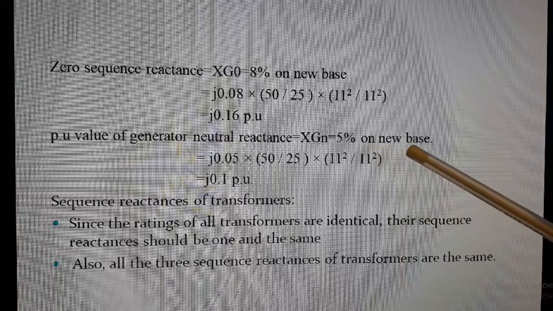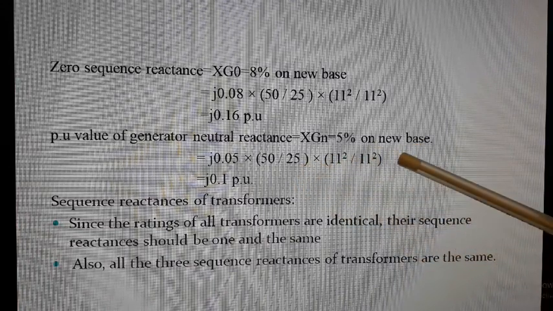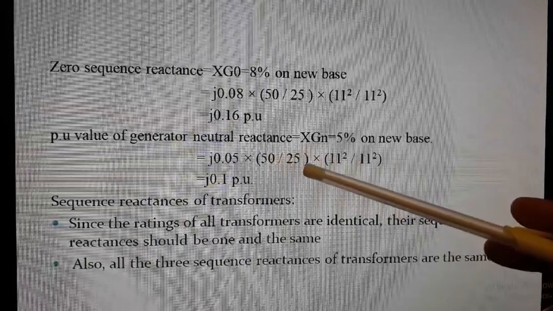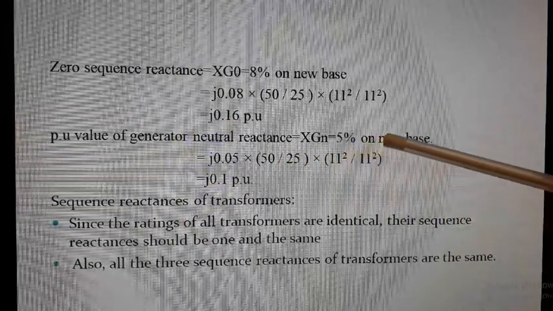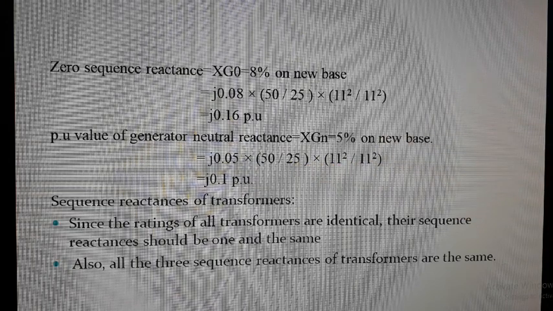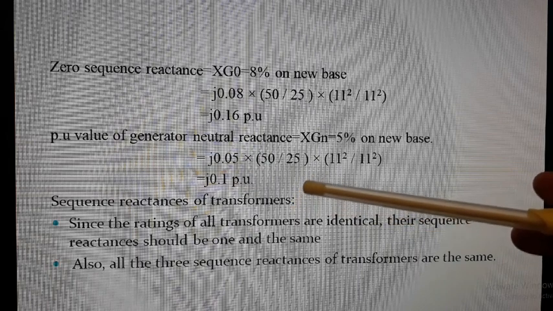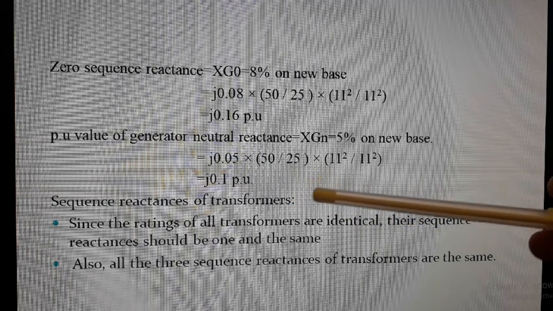It is 5% on the new base, that is j0.05 for the new base. So MVA base new divided by old into kV base old square divided by kV base new square. When we substitute that formula, we get the per unit value of the generator neutral reactance.